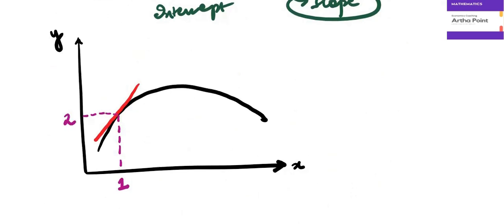And then this is your second point here, which is given as 4, and correspondingly this is given as 3. Okay, so let me draw a tangent here also.